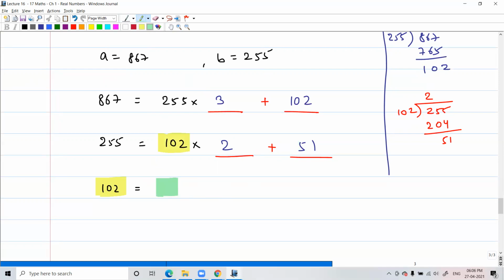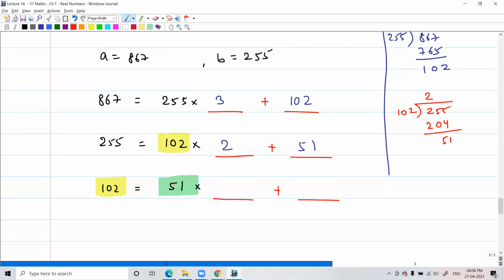What should be my new divisor now? The remainder in the previous step becomes the new divisor. So 51 was the remainder, no? You see? Are you getting it? Yes, sir.